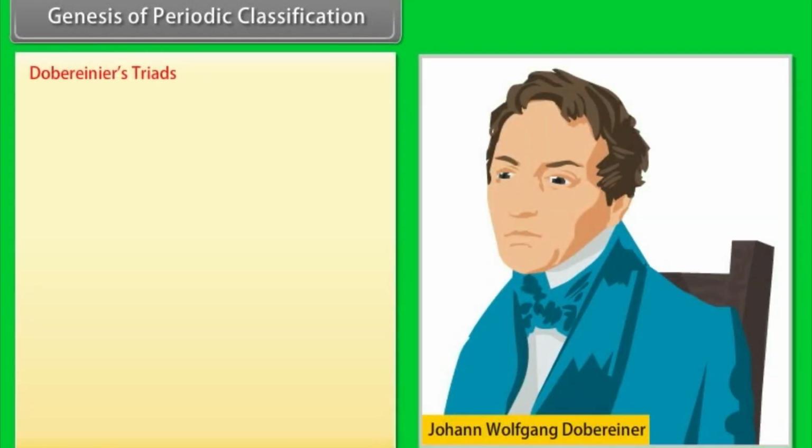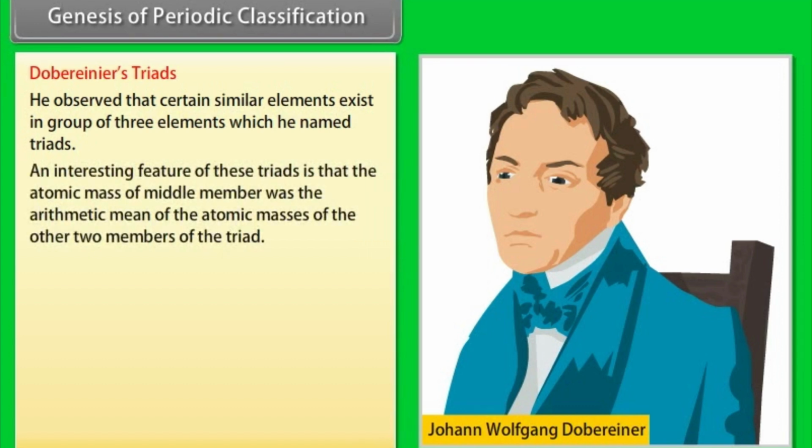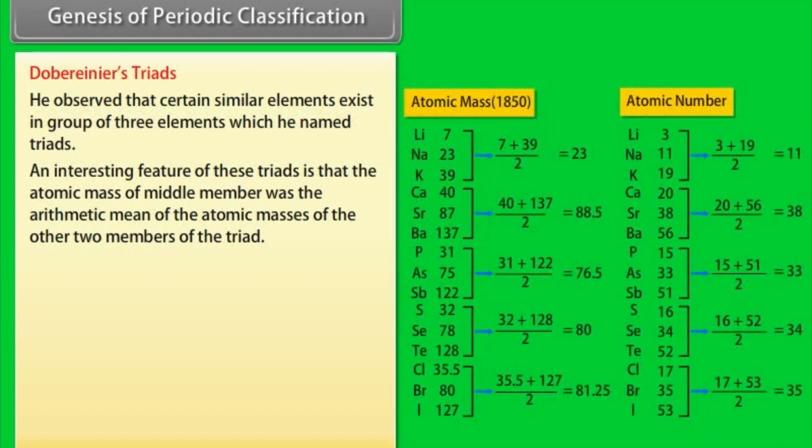Genesis of periodic classification. Dobereiner's Triads. He observed that certain similar elements exist in group of 3 elements, which he named triads. An interesting feature of these triads is that the atomic mass of middle member was the arithmetic mean of the atomic masses of the other 2 members of the triad.